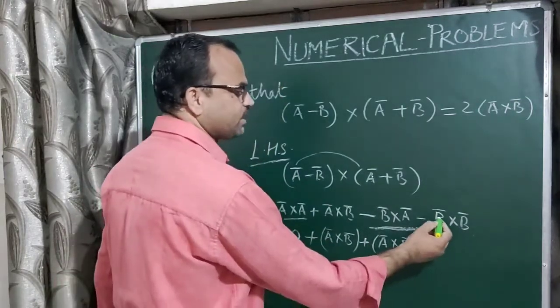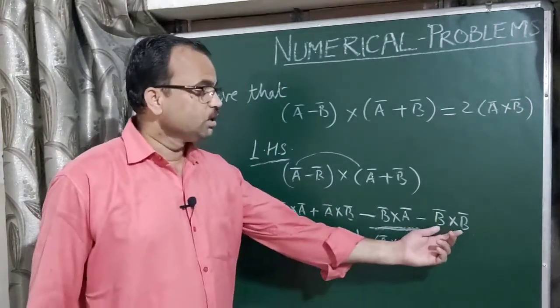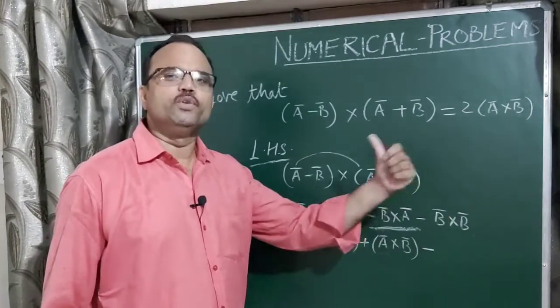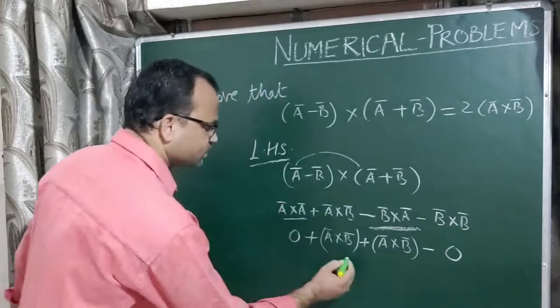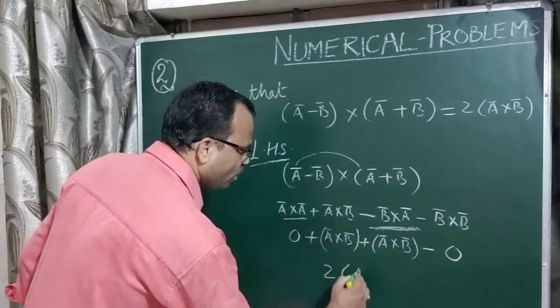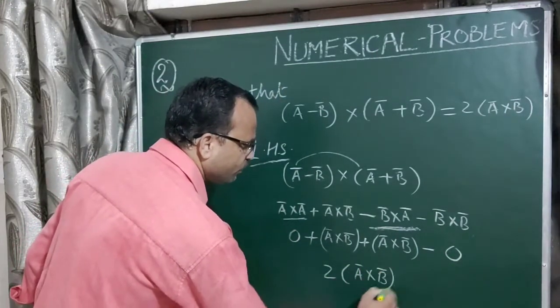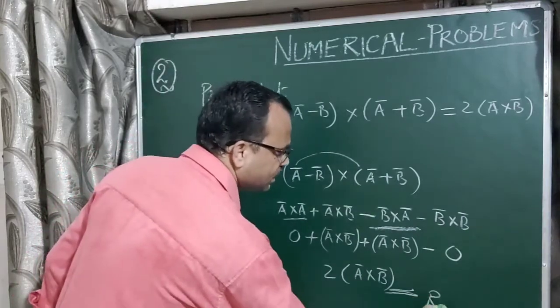Again, B vector cross B vector means the cross product of a vector with itself is equal to 0 vector. So this can be written as twice A vector cross B vector. Okay, so this is the right hand side.